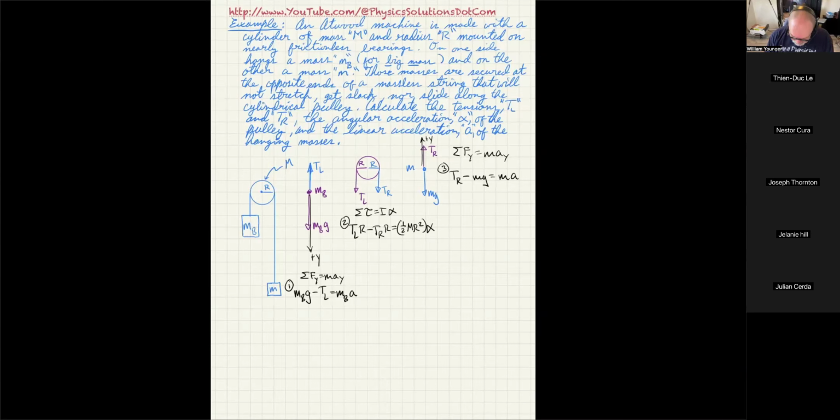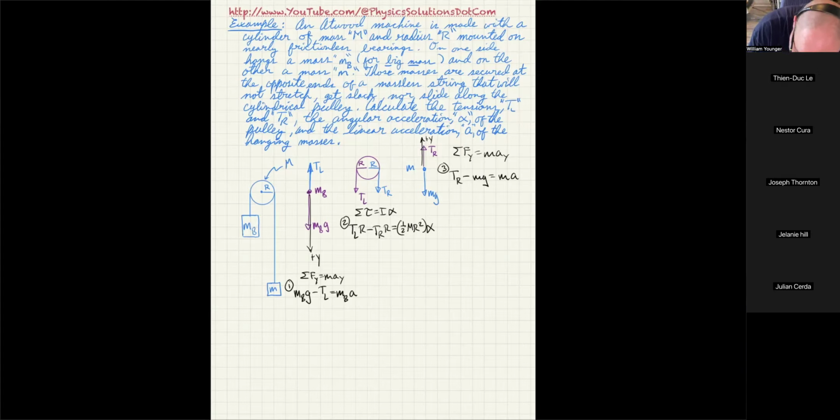Now you understand not only that, but also why T_R and T_L are actually different tensions, and all that good stuff. So we have four unknowns, but we only have three equations so far. But two of the unknowns are related, because there's no slipping.